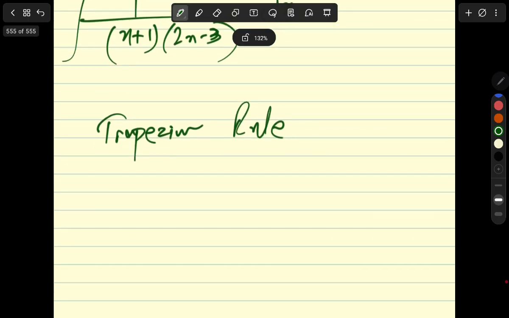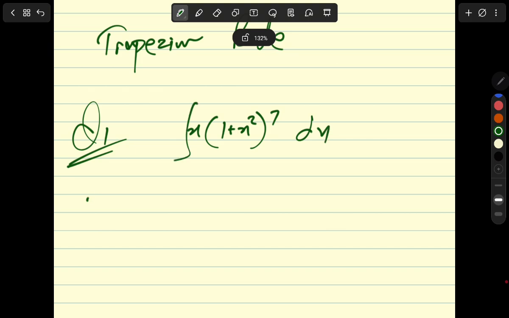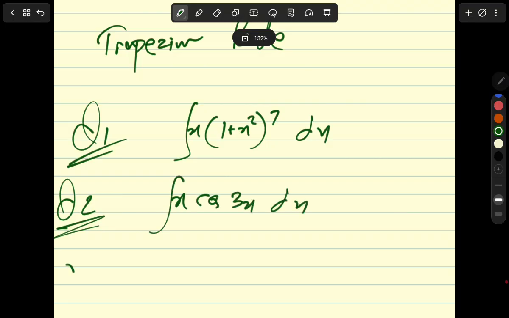So I am going to leave you with some questions, and I want you to practice. Question 1: integral of (1 plus x squared) to the power 7 dx, and then question number 2 would be x cos 3x, which we just did in class, question numbers in this lecture only. And then I also want you to do sine cubed x cos squared x.